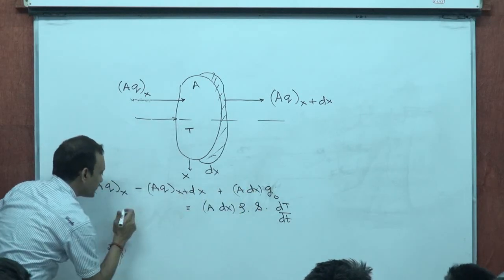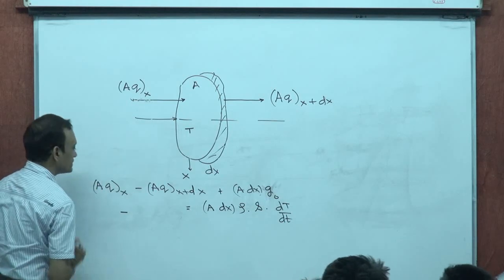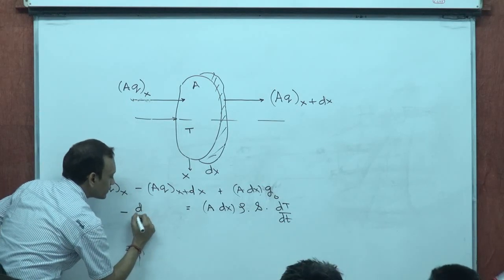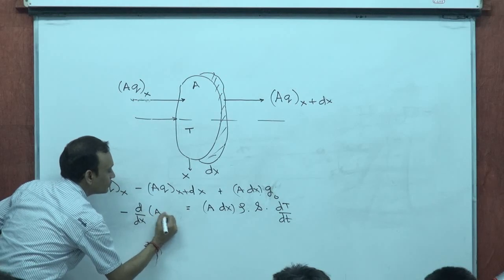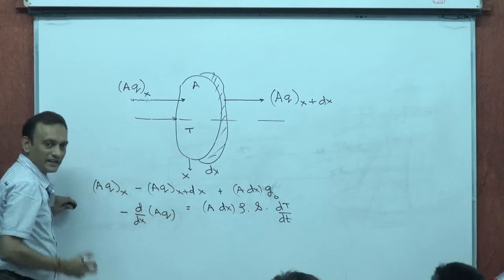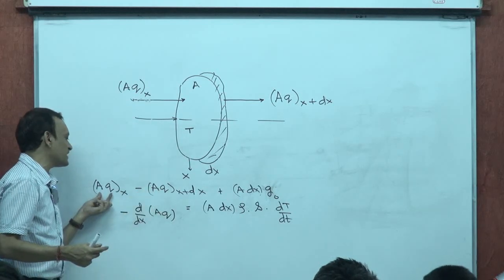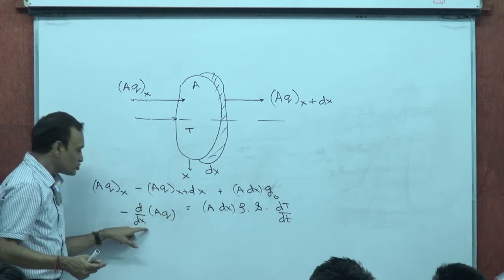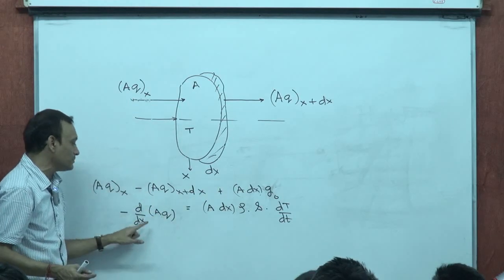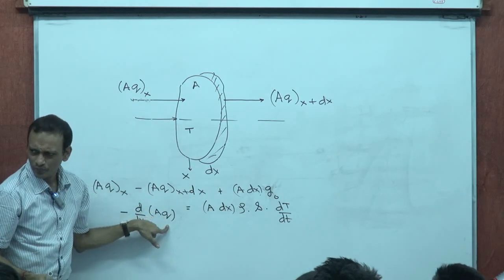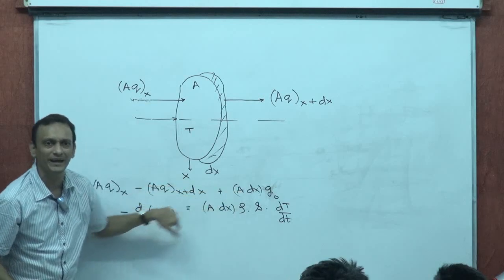If I divide by dx, then this would give me minus d/dx of AQ, isn't it? Will I not get this? AQ is a function of x. This is AQ at x plus dx minus AQ at x, minus taken out. And if I divide by dx, it will become minus d/dx of AQ, right?